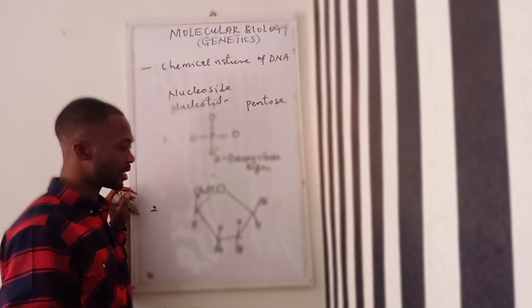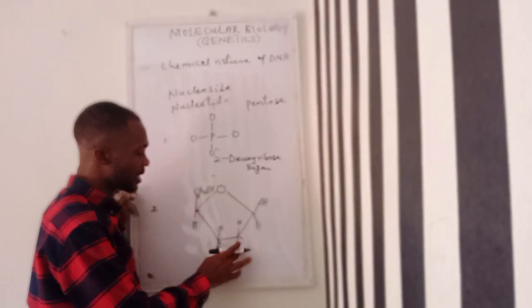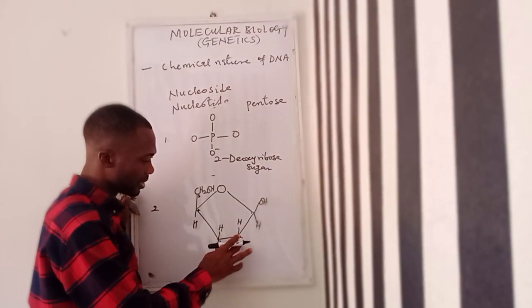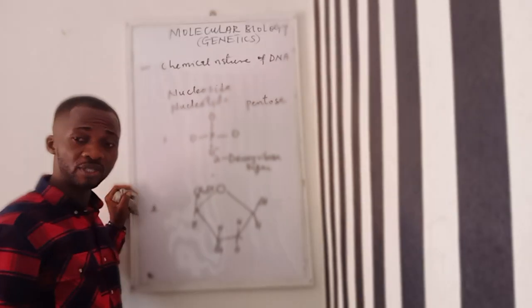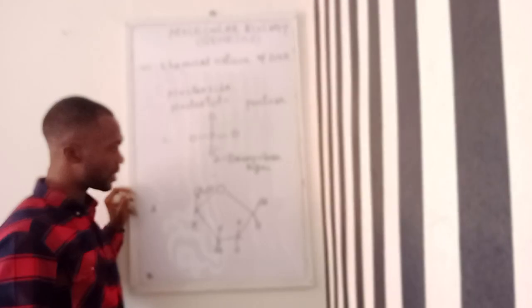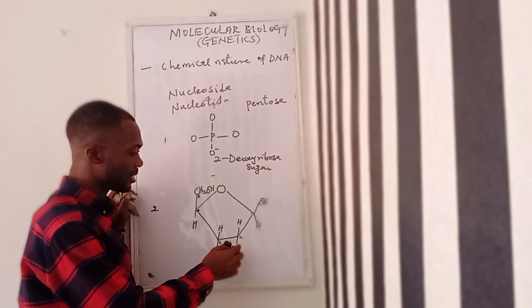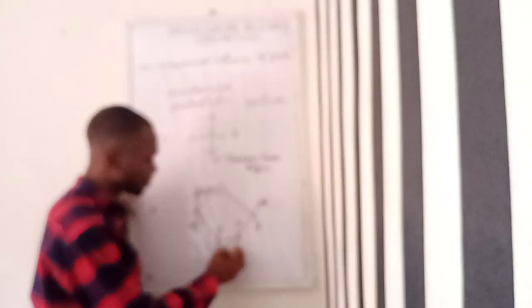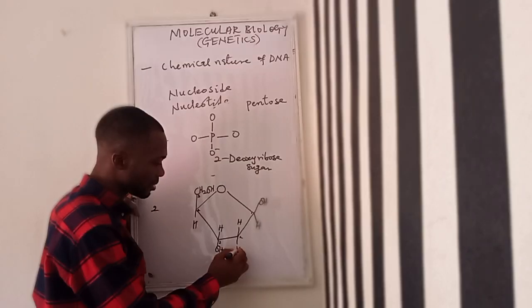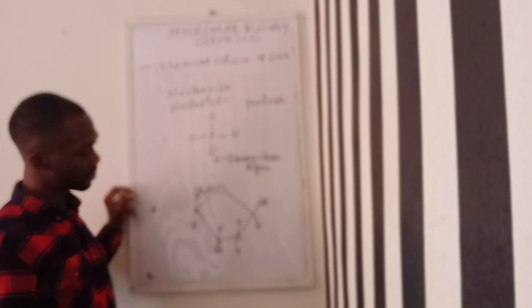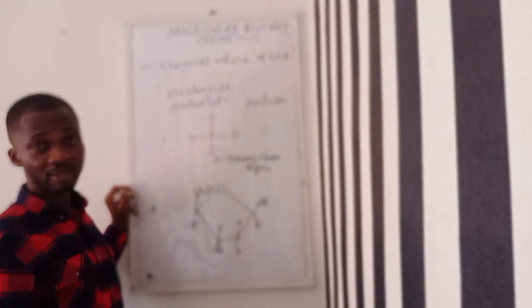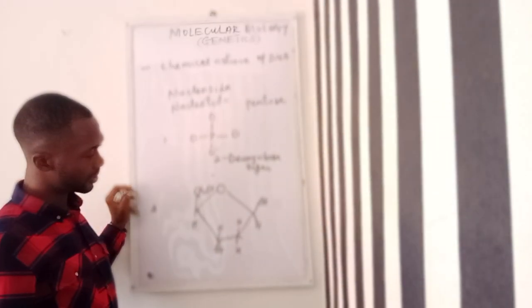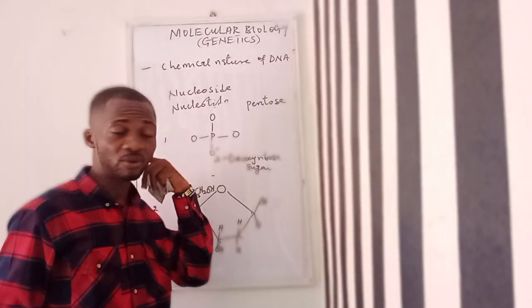If you look at the sugar that is found in DNA, there's an elimination of an oxygen atom, not hydrogen, in such a way that what you now see is H instead.